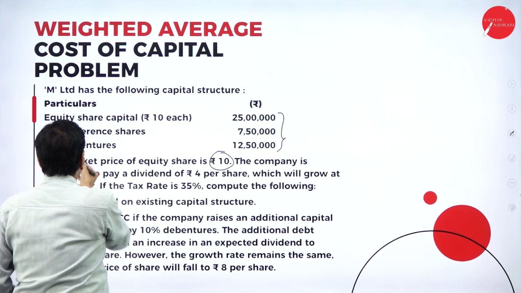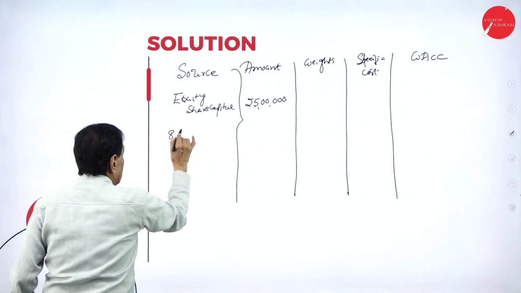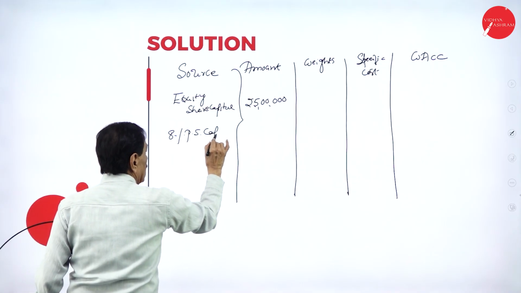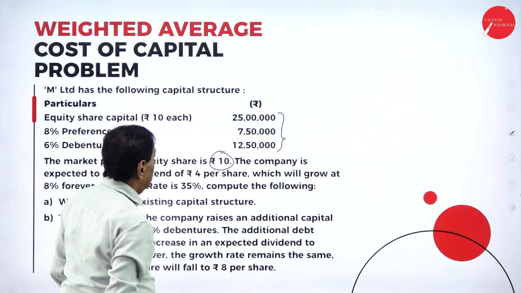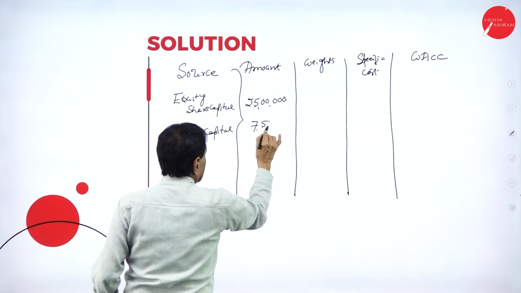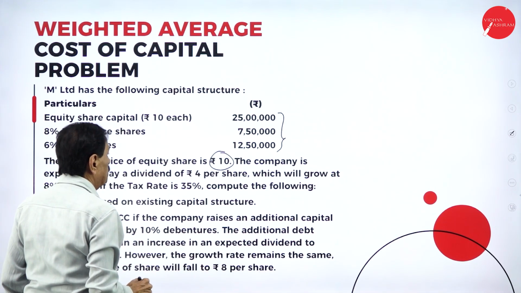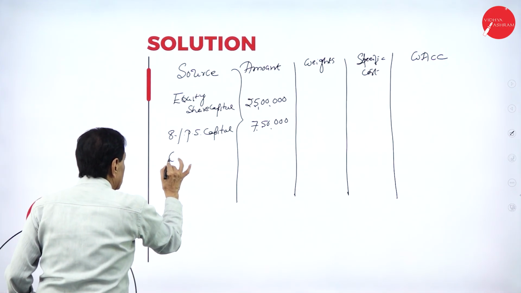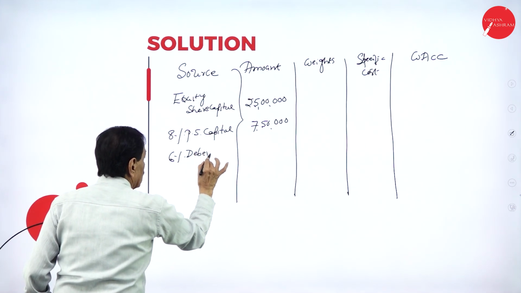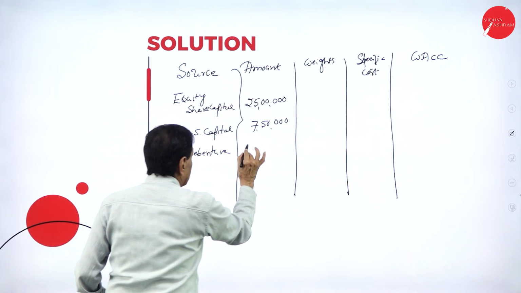Then 8% preference share capital, 7 lakh 50,000. Then 6% debenture, it is 12 lakh 50,000.